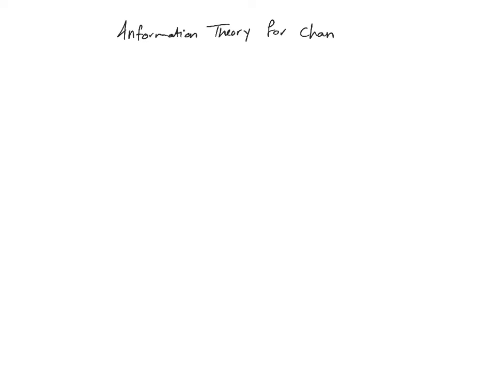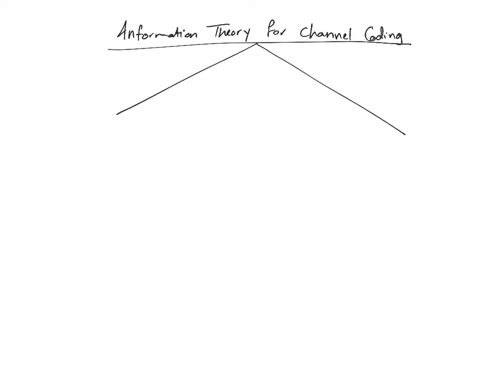Okay, information theory. So the second part is information theory for channel coding. And there are two parts similar to what we did in the source coding situation. Remember, in the source coding, we ended up discussing two things. Number one, we discussed limits or boundaries on performance.